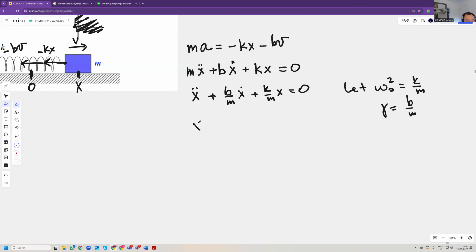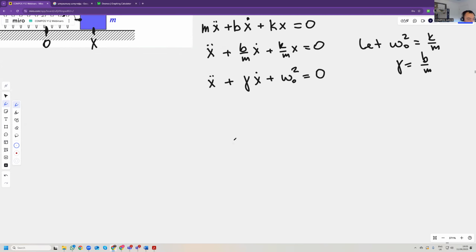And therefore I get x double dot plus gamma x dot plus omega 0 squared x equals 0. The characteristic equation for this looks like this: lambda squared plus gamma lambda plus omega 0 squared.